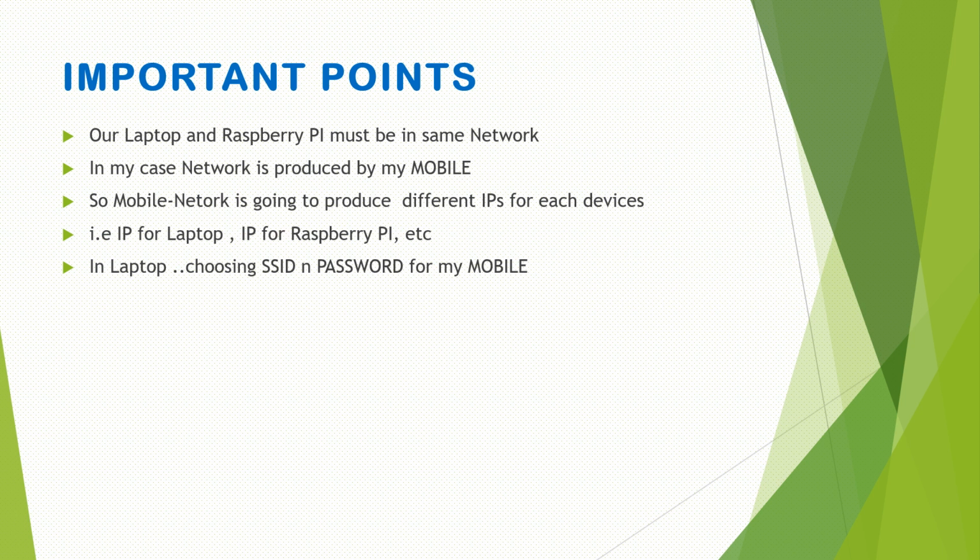These two devices must be in the same network. In my case, the network is produced by my mobile, so the mobile network is going to produce different IPs for different devices: an IP for the laptop, an IP for the Raspberry Pi, etc. So in the laptop, first you need to choose the SSID and password of my mobile.